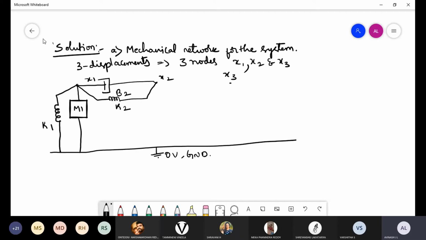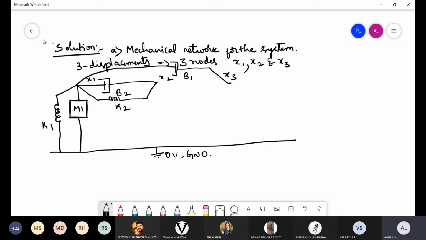Now between x1 and x3, that means on the top, are there any other things? Yes, B1 is connected. So I can take this as B1. Clear? This particular part is clear to all of you.